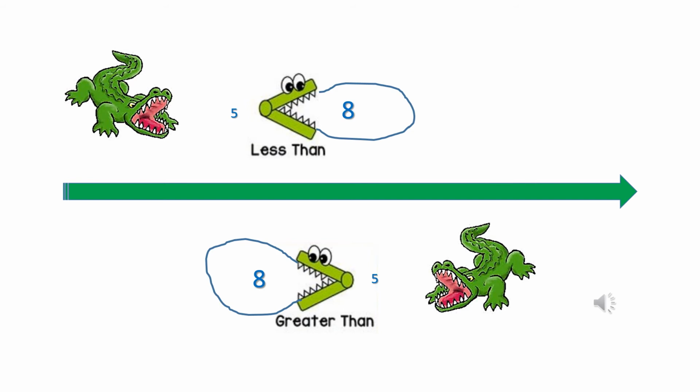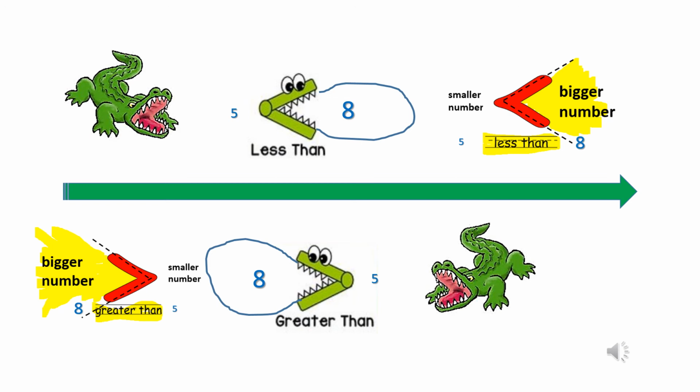Now, if you look at the bottom example, we are saying 8 is greater than 5. So the alligator's mouth opens up to eat the bigger number. 8 is greater than 5. Whether you remember it using the alligator game, or if you just remember that the correct symbol opens up to the bigger number and points to the smaller number, you should get the same correct answer.